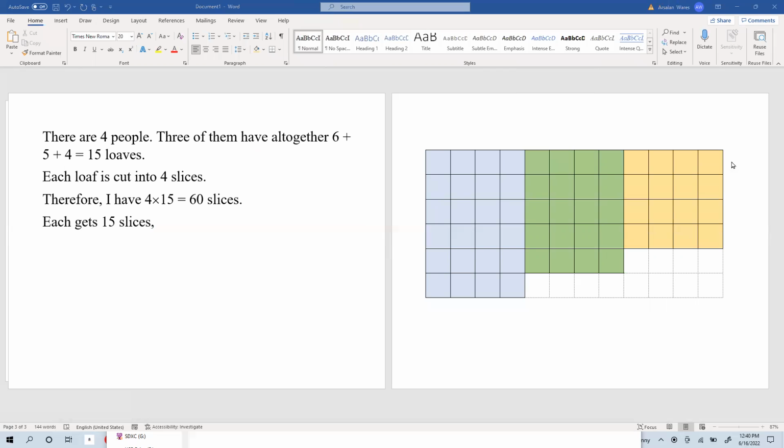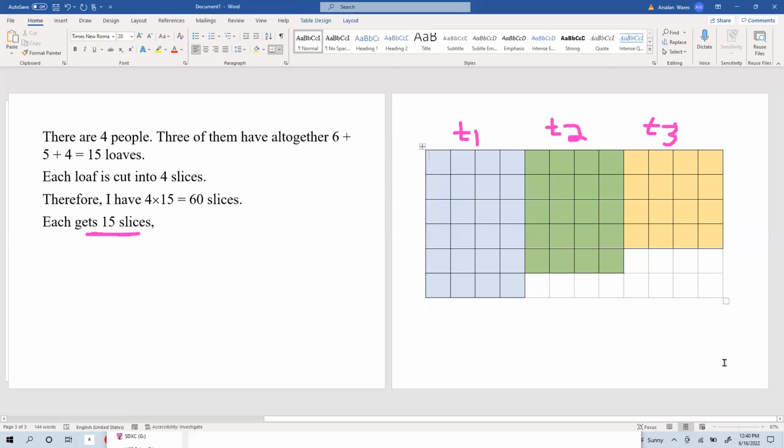Not that it matters. So let's pause here a little bit. This is traveler 1. This is traveler 2. This is traveler 3. Now, we have established that each person gets only 15 slices. So blue belongs to traveler 1, so I'm going to write 1 for traveler 1.